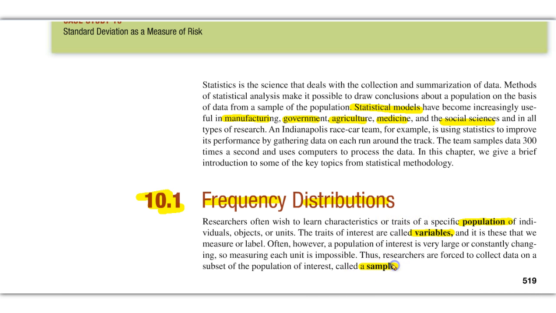Well, that's what we're going to do. Now, often you can't find an opinion or a response from everyone within a population. So you're going to deal with some sort of subset, which will be your sample. This will be the data.